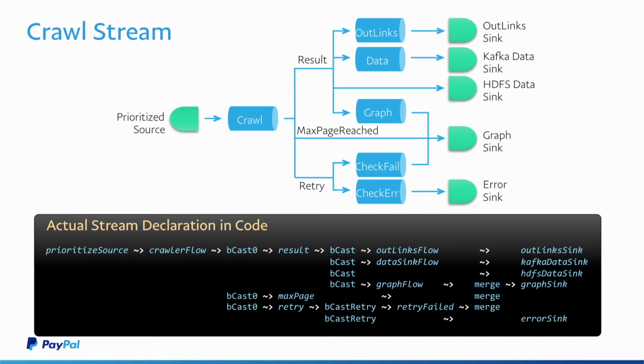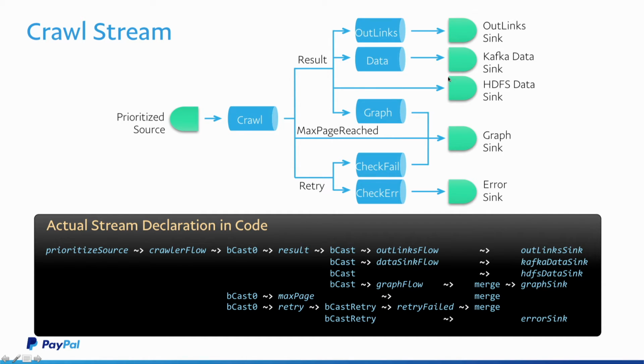Basically, you parse it. You have 2 processes running in parallel through a broadcast, because I want to process the data a little bit. Basically, we leave most of the processing to the big data system behind us. We take the outlinks out of the documents and send them back to the outlink sink. That outlink sink actually circles back to the source, right?